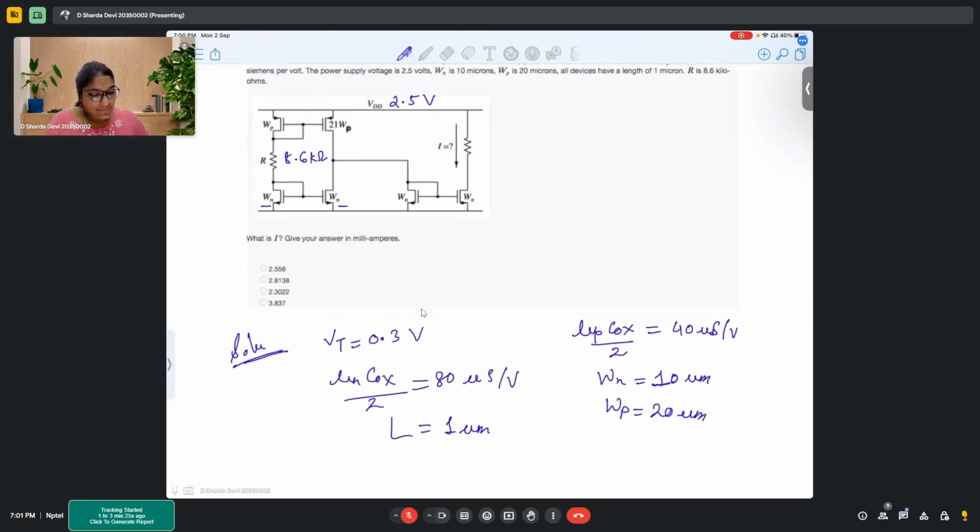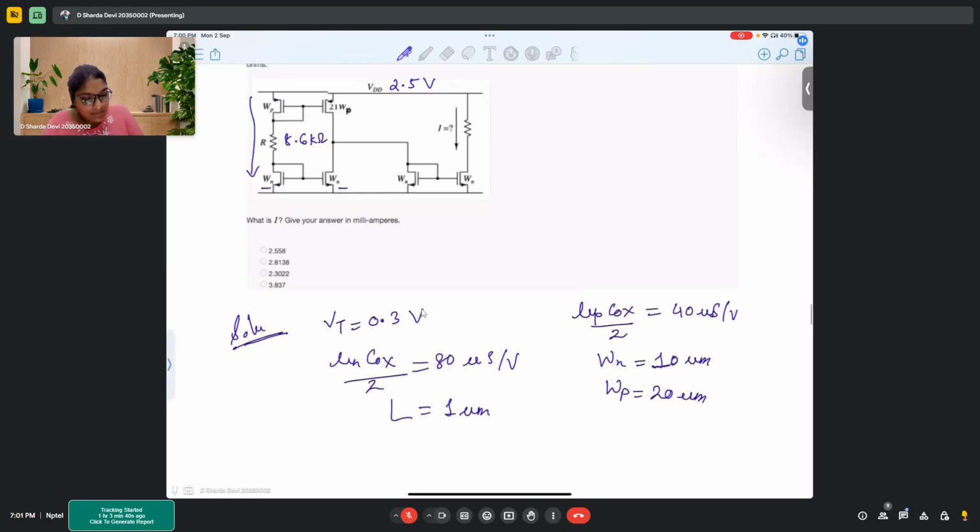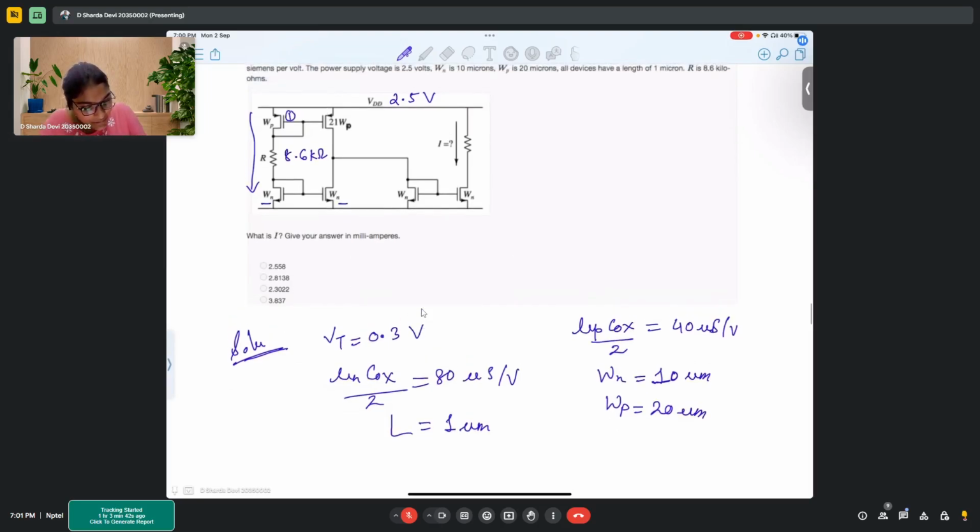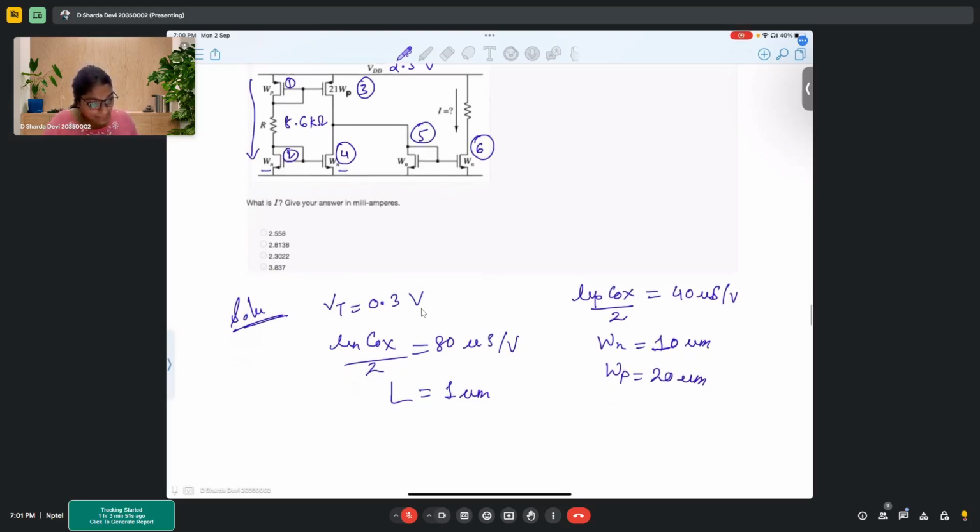Now see, first of all, everything is given for W and Wp, right? So from there we can find the current here. Let's first number the transistors: 1, 2, 3, 4, 5, and 6. We have a total of 6 transistors.